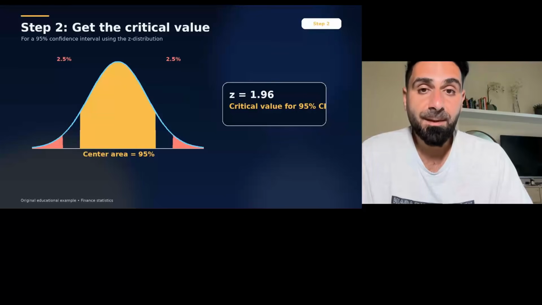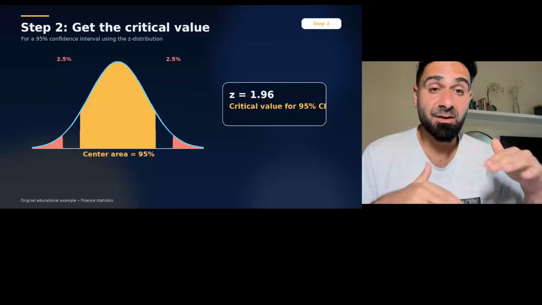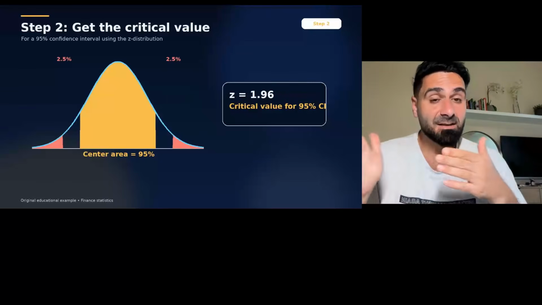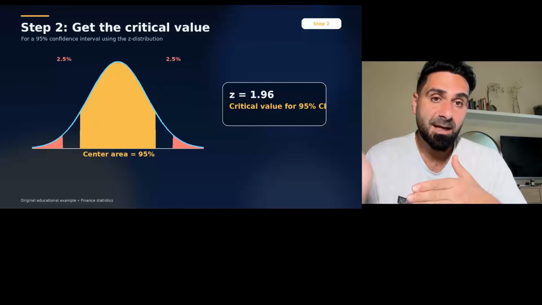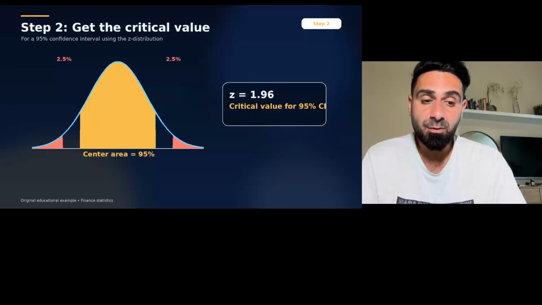The yellow is the 95%, and the tails represent the extreme events, the extreme losses at the left side, for example, at the minus side. This is 2.5 and 2.5, and the z value is 1.96 as per the normal distribution table, the z value table.